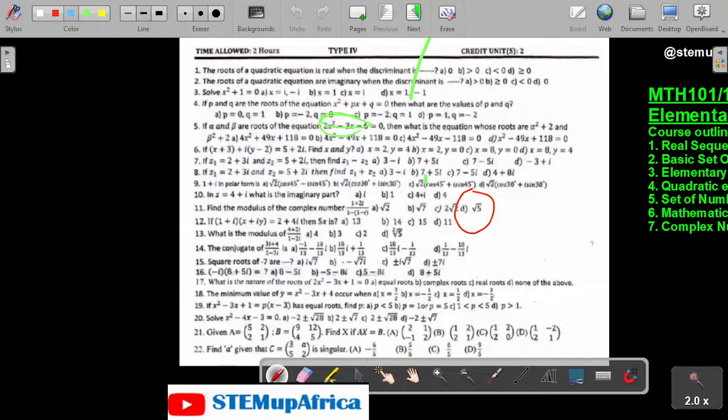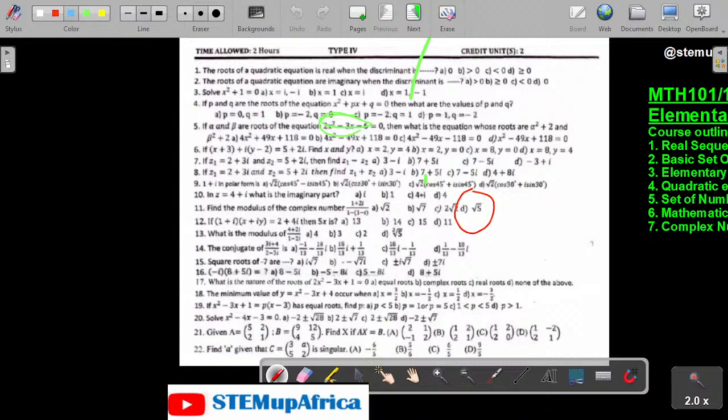Number 18, we are asked to find the minimum value of the root. So here we are on quadratic equation also. This is also simple. We use the discriminant value to determine the minimum value.